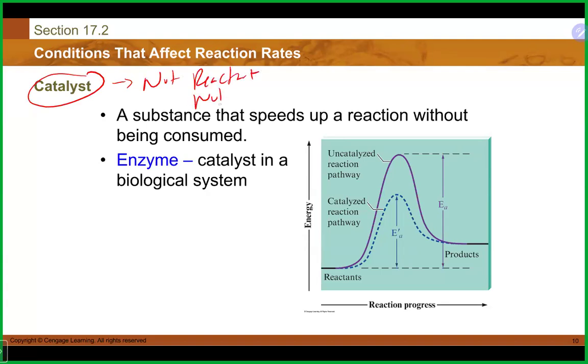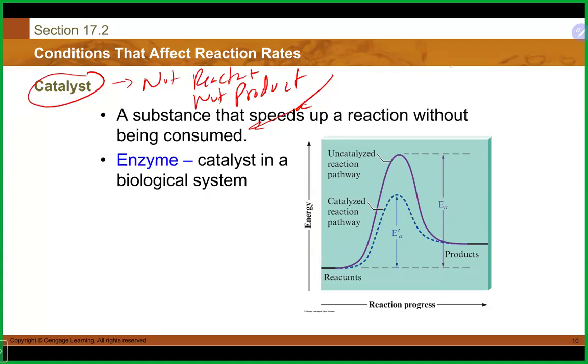It is not a product. And as it says there, it does not get consumed in the reaction. It is there really just to facilitate that reaction occurring in a more efficient way. And because of that, that usually results in the rate of the reaction increasing.